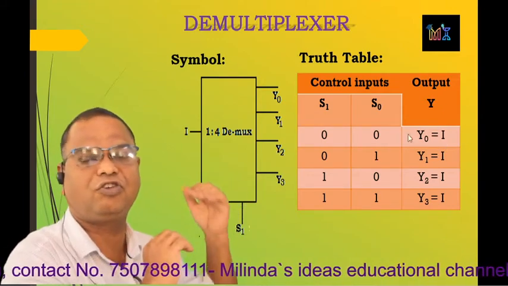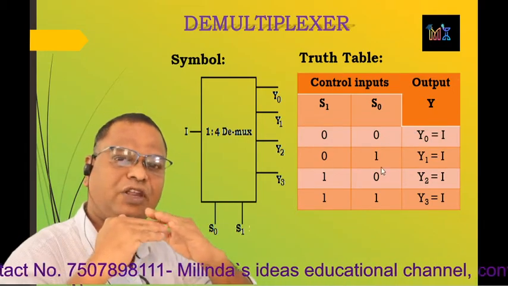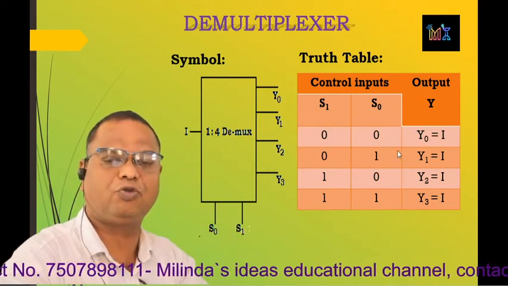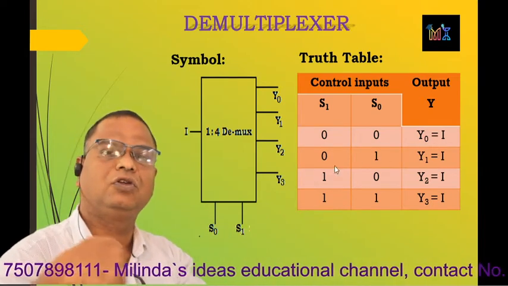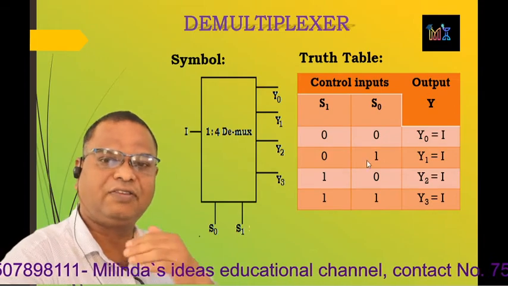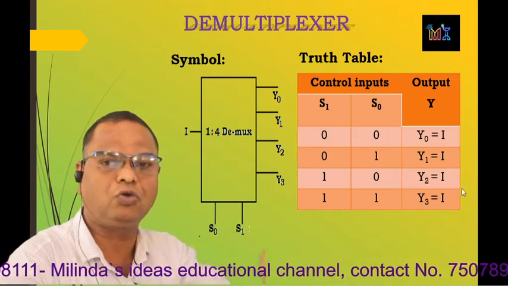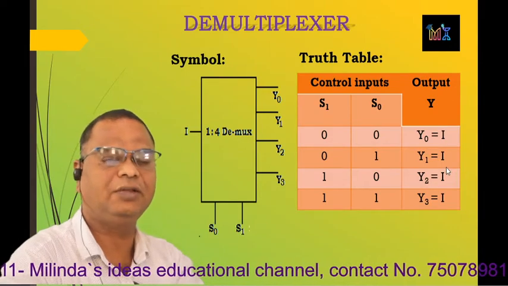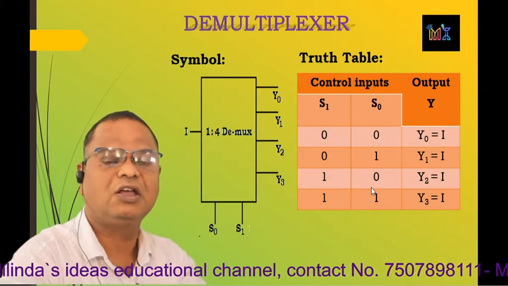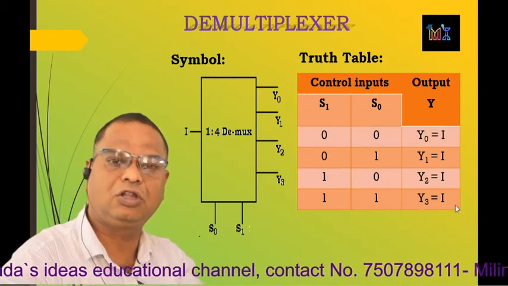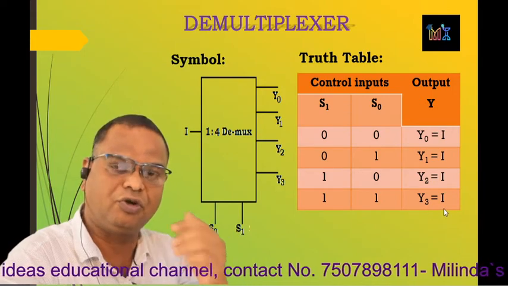So Y0 is equal to I. Second, when control input S1 is equal to 0, S0 is equal to 1, Y1 is equal to I or D. Third case, when S1 is equal to 1, S0 is equal to 0, Y2 is equal to I or D. And last, when both control inputs S1 and S0 are high, output Y3 is equal to I or Y3 is equal to D.